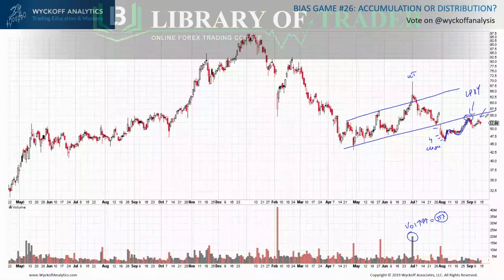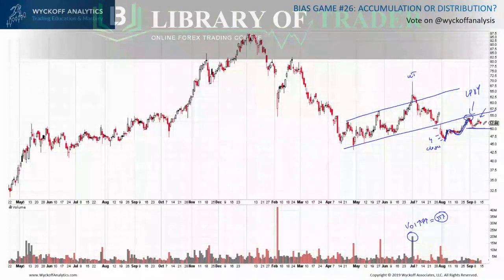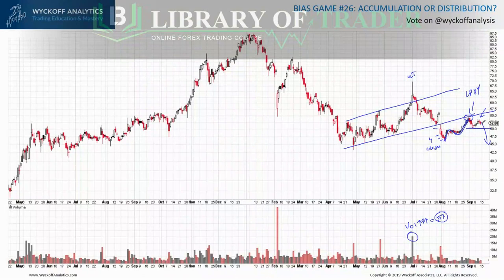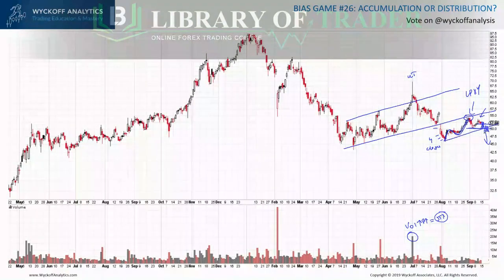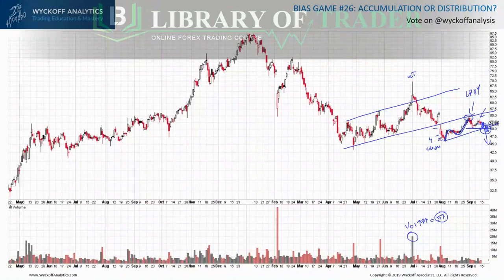You want to wait for the test, and then your entry is basically through 50. Anything that fails on the last attempt to retest, so a bar that just closes below, or a break to the downside bar, or you might be thinking a breakout of this line right here, or even a break of this line right here. All of this becomes a zone where you could initiate your positions to the downside.